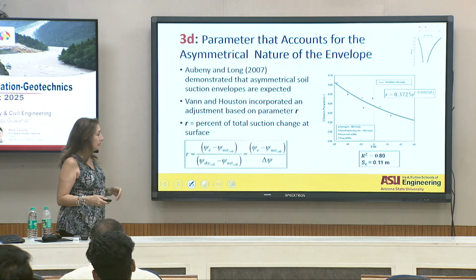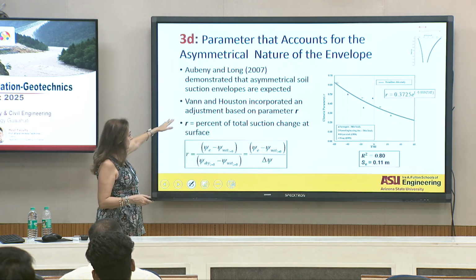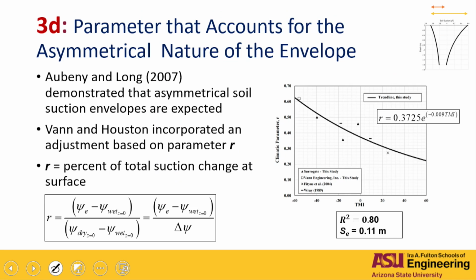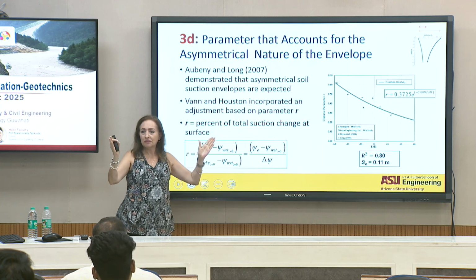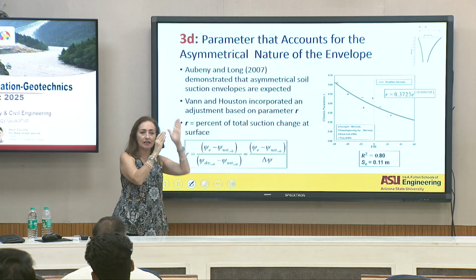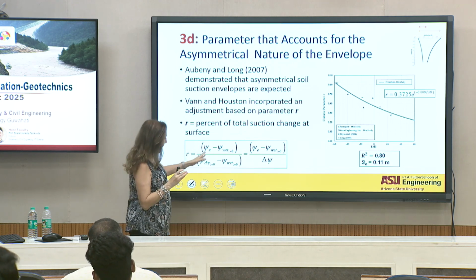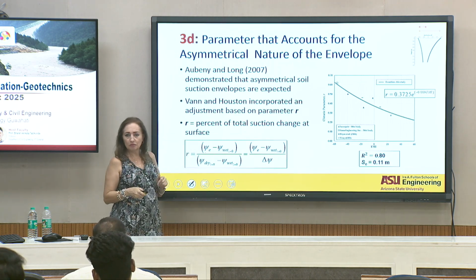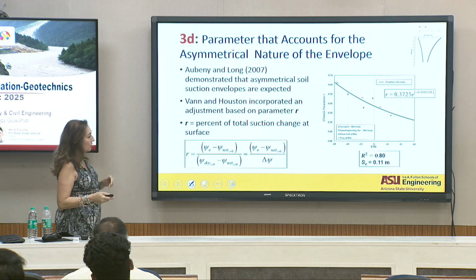They incorporated a parameter, which is the total suction change at the surface, and basically that value was a deviation from the equilibrium suction, okay, over the whole range of suction between the dry and the wet. So it's an R value, which is a percentage from one side, right? From the wet side, on how much skewing you're going to get.